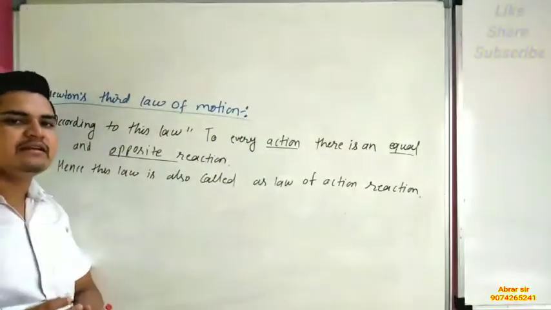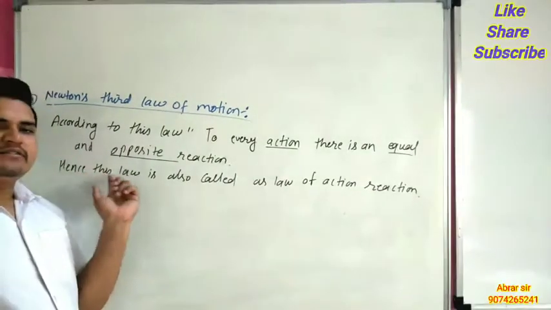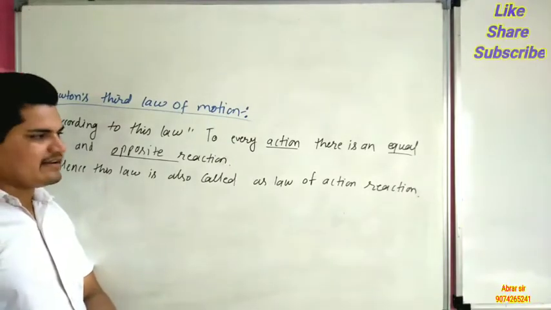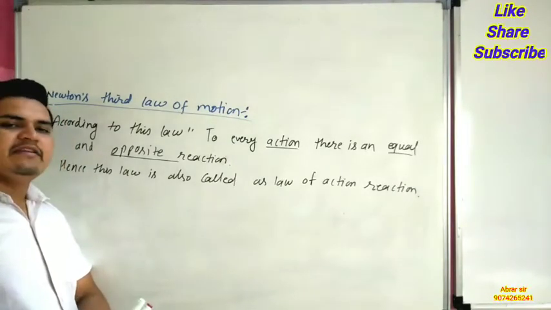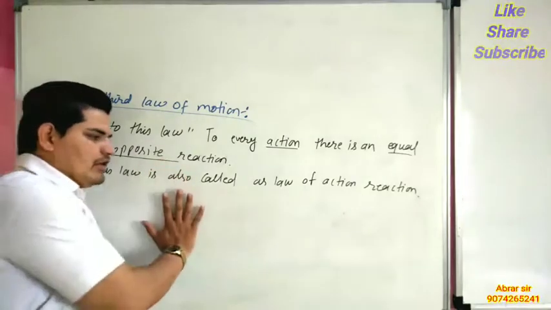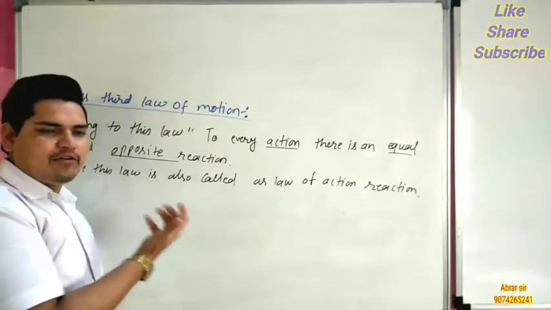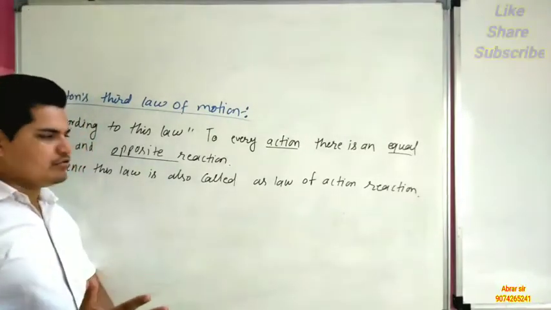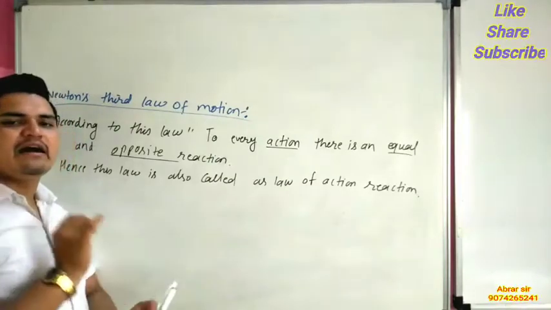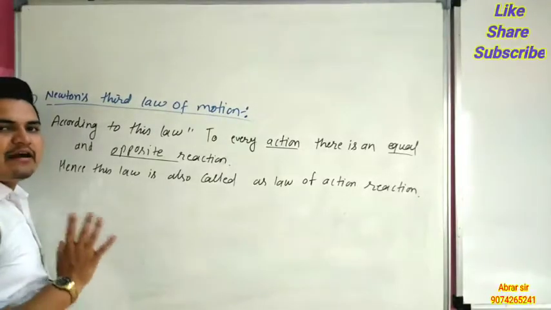Hence, this law is called the law of action and reaction, the action-reaction law. It means when we apply force on the wall, the wall also applies force on our hand. To every action there is an equal and opposite reaction.